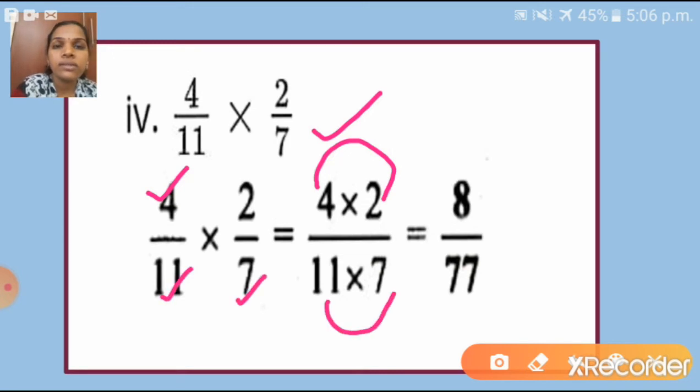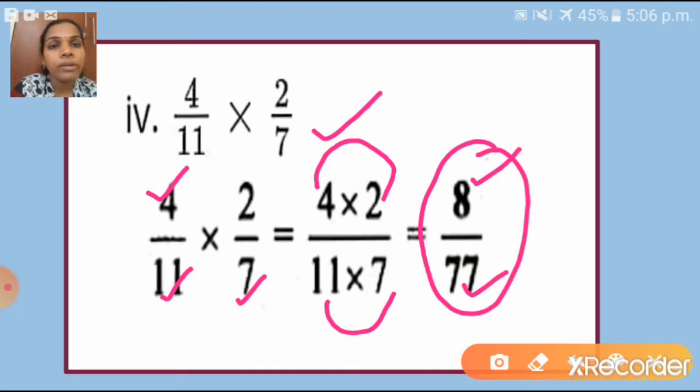Understood this step? Next, multiply and write. 4 2s are 8 upon 11 into 7, that is 77. 8 upon 77. Can you simplify here? No. Why can't we simplify? Because there is no common factor. So 8 upon 77.